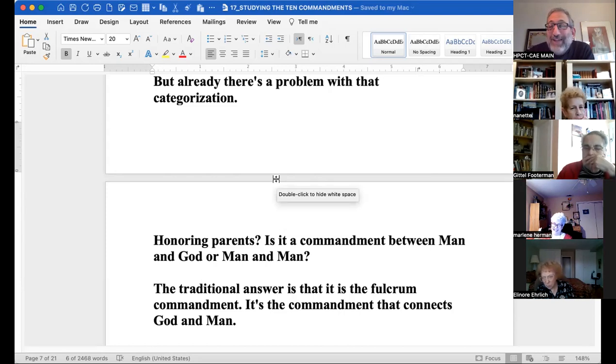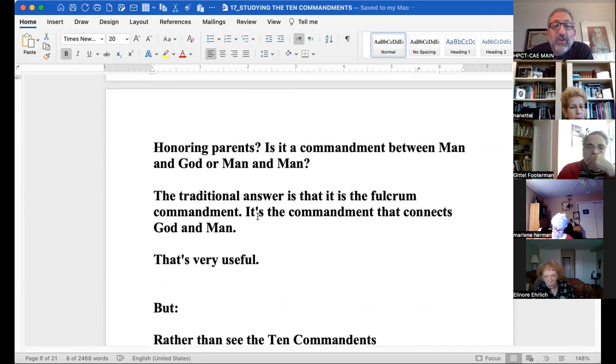We love, and I'm going to fall into the same trap in a second, we love to make these kinds of structures because they enable us to convey very nice truths, very important truths, and important lessons, including the category that there are things that I do that are in the realm of me and God, and there are things that I do in the realm of me and another human being. That's an important categorization. Okay, it's very useful.